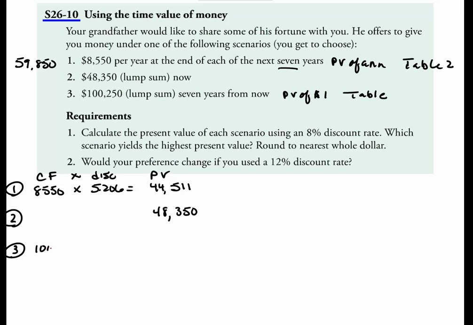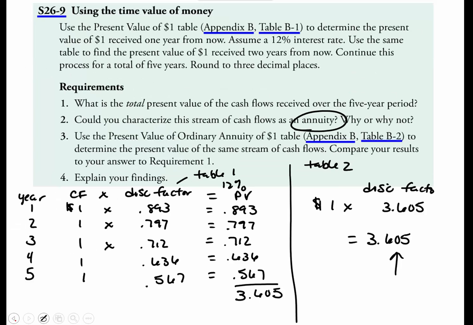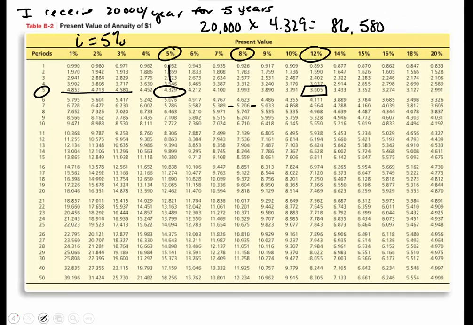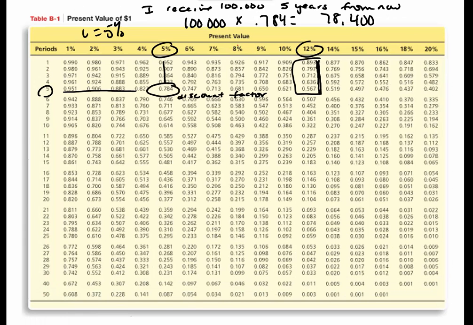Option 3, I'm going to take the $100,250, and I'm going to go to Table 1, 8%, 7 years. So if I go back to Table 1, 8% and 7 years, that is right here, 0.583.